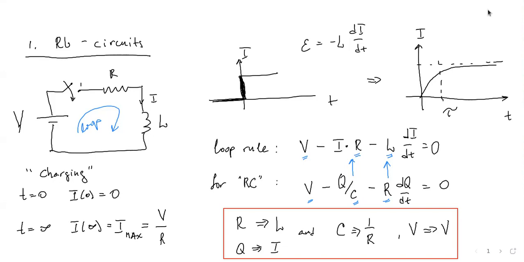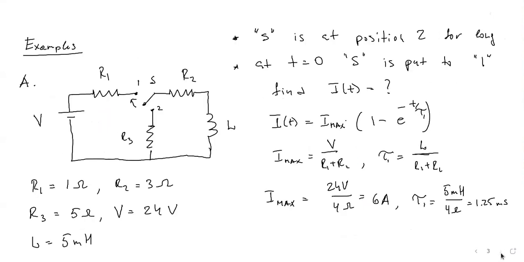I don't know if it's a large or small time, it depends on what you compare it to. But what is interesting is that the time constant is proportional to the inductance. The greater this value, the longer it will take to build up the current because you will have more resistance from the inductance. It makes perfect sense, yeah?